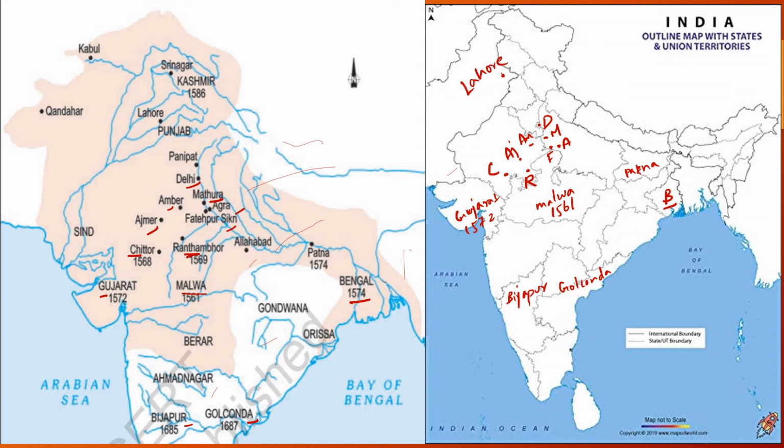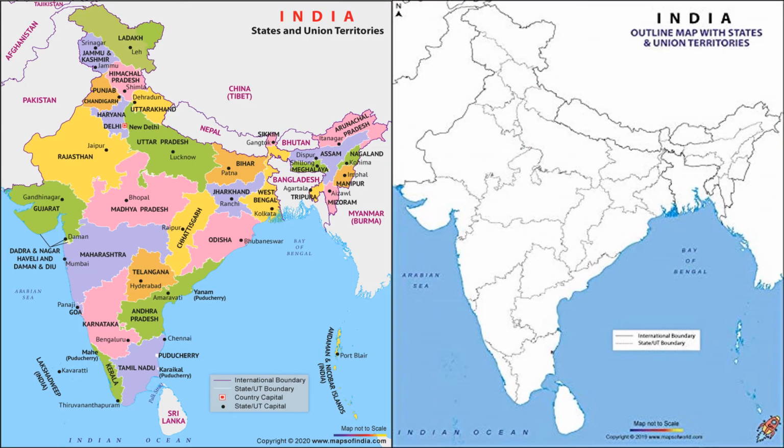Clear? Yes. And if they ask Panipat, near Delhi, you can mark it as Panipat. These are the regions which during the 15th and 16th centuries were captured by Aurangzeb and his fellow kings. Clear?